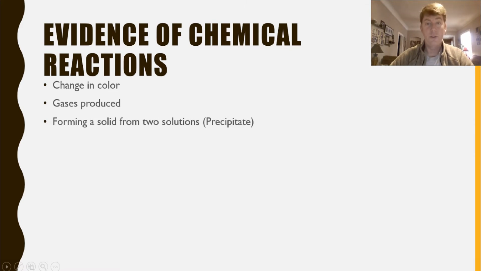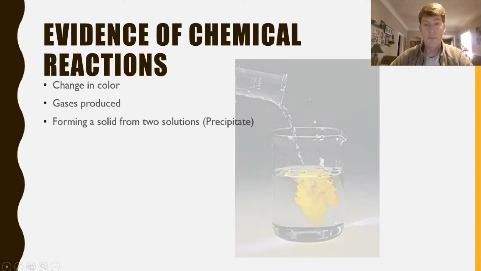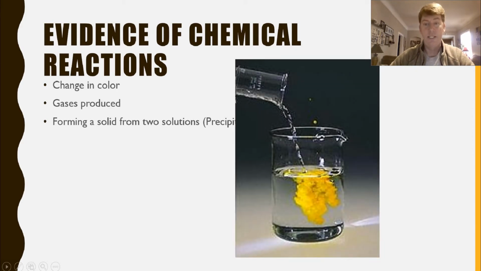But if we have two solutions and we combine them, like this reaction here has lead(II) nitrate in the beaker, and then we're pouring some potassium iodide in with it. They're both in solution, they're both dissolved.